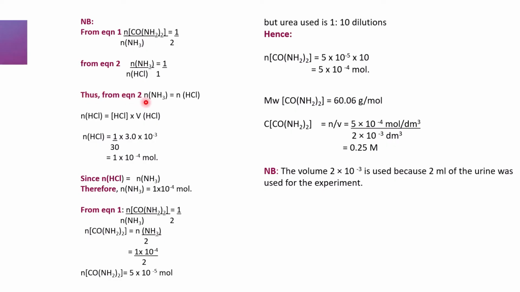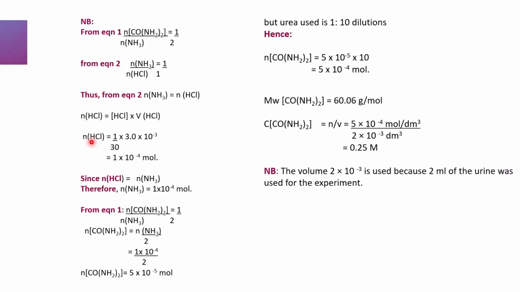So from equation 2, we know that the moles of the ammonia is the same as the moles of the HCl. But we know that the moles of the HCl is given by the concentration of the HCl used times the volume of the HCl obtained in the titration.